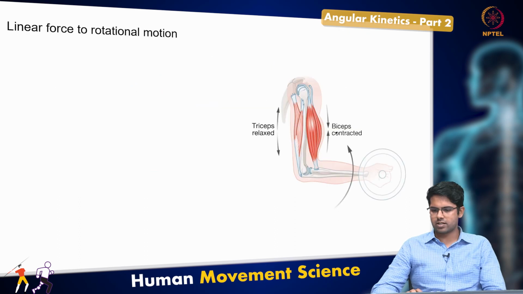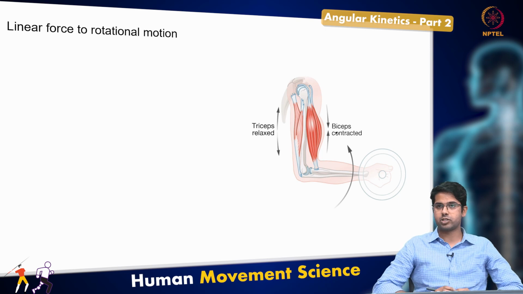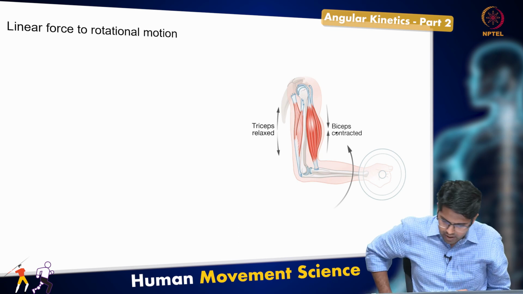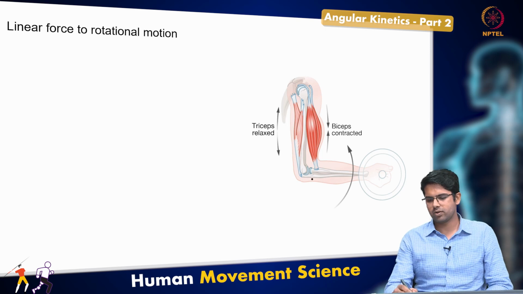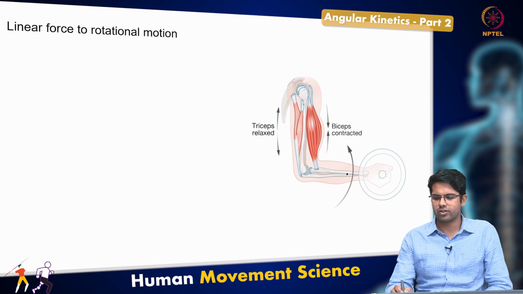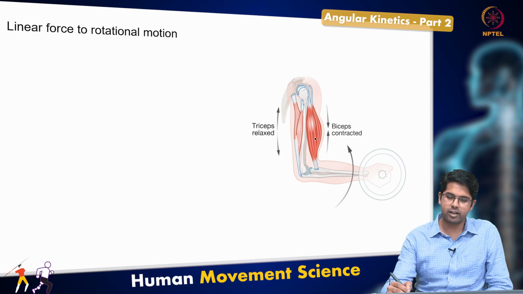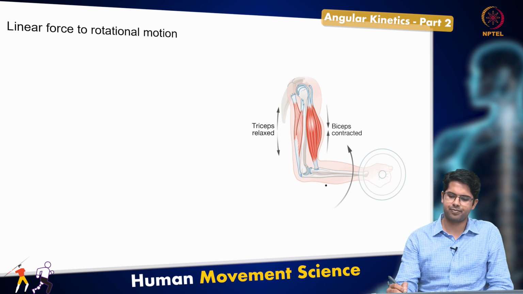So now let's see how we can actually use these principles in the human body. If you recall from the muscular system, how muscles attach to different parts of the bone, and by linear contraction of the muscle, we are inducing a rotational motion.